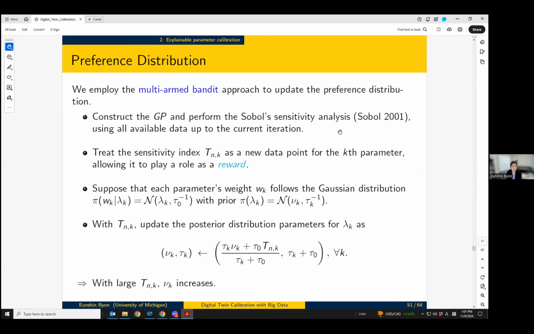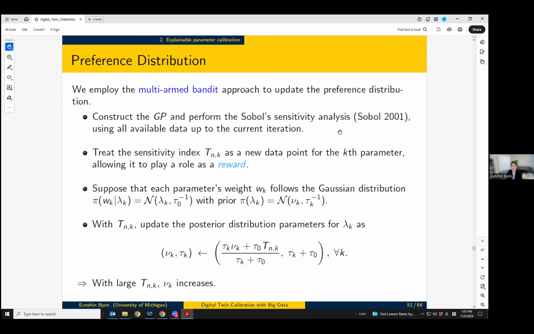In that case, maybe we have to consider a doubly stochastic dimension selection. Basically, this approach is developed based on problems where capital D is around 20 to 30.